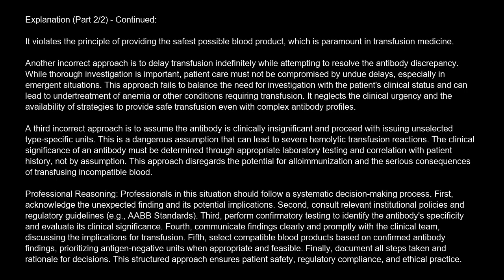Fourth, communicate findings clearly and promptly with the clinical team, discussing the implications for transfusion. Fifth, select compatible blood products based on confirmed antibody findings, prioritizing antigen-negative units when appropriate and feasible. Finally, document all steps taken and rationale for decisions. This structured approach ensures patient safety, regulatory compliance, and ethical practice.